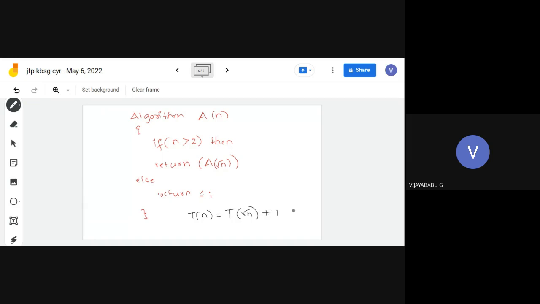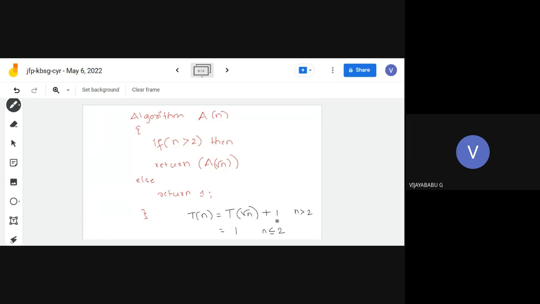What is the condition over here? n greater than 2. Whenever this gets satisfied, it is going to be invoked, return A of square root of n. Or else it says return 1 for n less than or equal to 2. So when the condition is satisfied, it comes to this one. That's why T of square root of n plus 1.